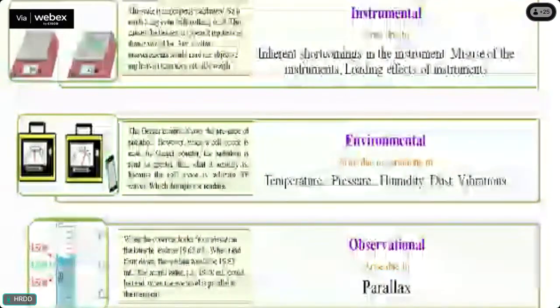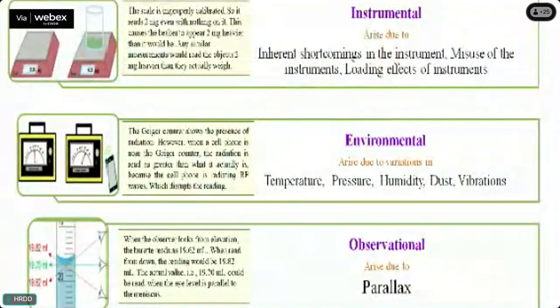If you keep something on the balance, you will see a weight that is 2.00 milligram more than the actual value, isn't it? If you keep different objects, and the weight of one of the objects is already known to us from some other equipment, we can find out that yes, the balance is showing wrong, erratic data. Here itself we can apply the correction.